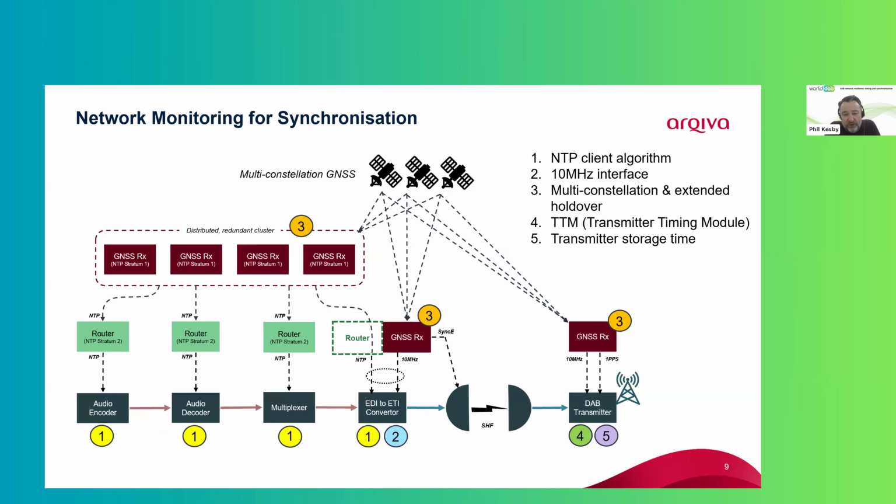On number one, as you see through the diagram, we actually have the ongoing monitoring of the NTP service on our NTP clients. So on our NTP clients, we're doing two things here. We're looking at the individual connections to each of the NTP servers.